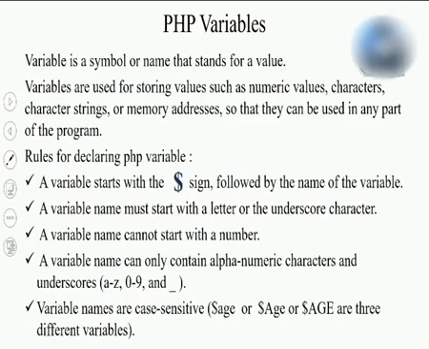So here are the rules. The first rule is a variable must start with the $ sign. This is the major difference. We have not used a dollar sign in any other programming language, but PHP requires a $ sign followed by the name of the variable. So this $ sign is important, followed by the variable name. A variable name must start with a letter or an underscore character.